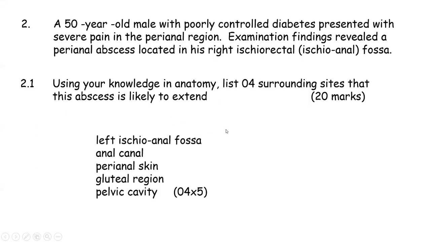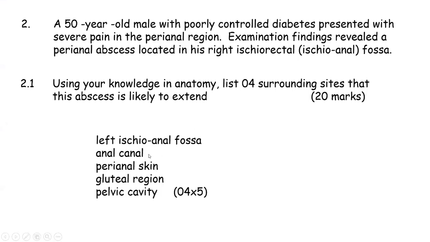So what are the structures that it could spread to? Left ischioanal fossa or left ischiorectal fossa, and if you write this answer with the side, it will tell us that you know the right-left communication, right? Anal canal, perianal skin, right?